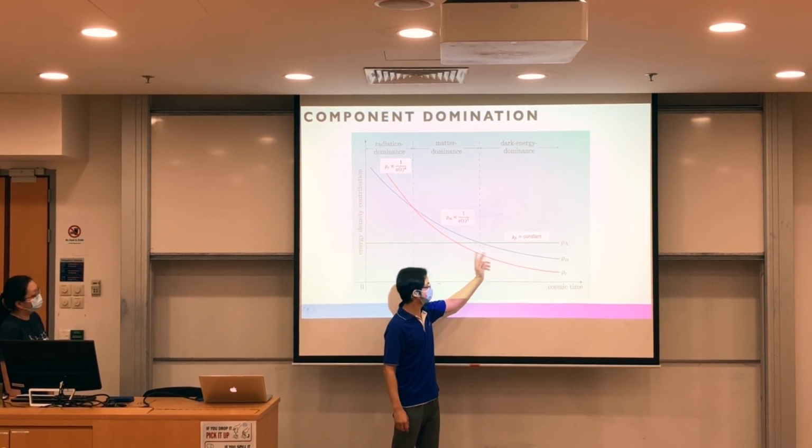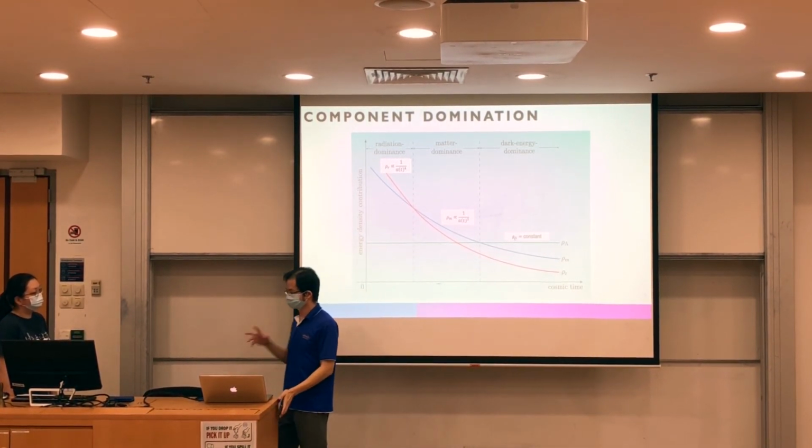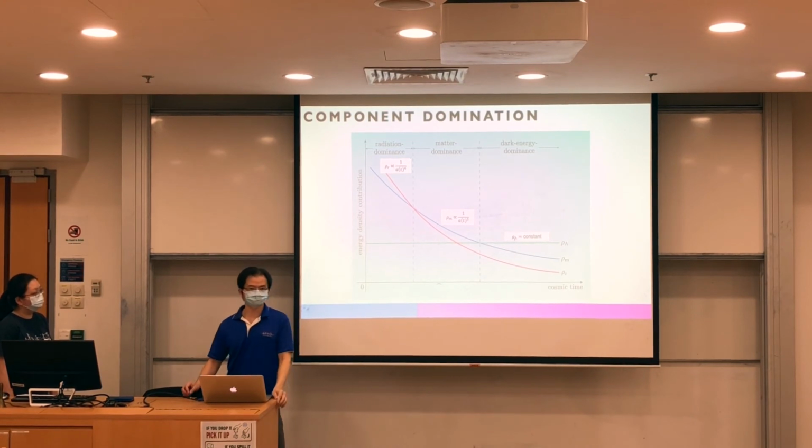So based on the measurement now, the matter density is almost the same as the dark energy density around here. It's almost equal, so probably dark energy a little bit more. So that's how we know where we are. Not where we are, when we are.